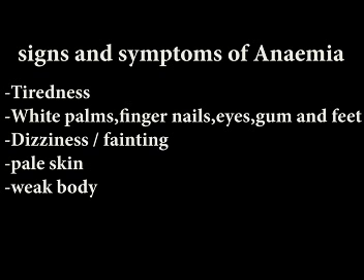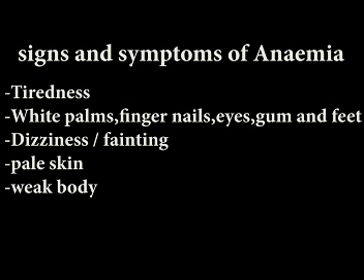For example, the palms are white, and the fingernails, eyes, gums, and feet appear pale due to lack of enough blood. One feels dizzy, and at times he is going to faint. The skin changes color, becomes pale, and one becomes weak. Those are signs and symptoms of somebody who is suffering from anemia.